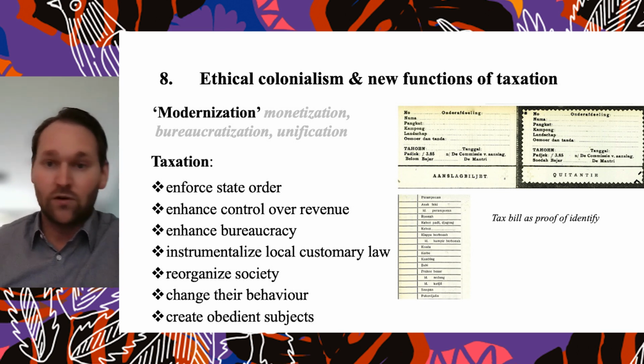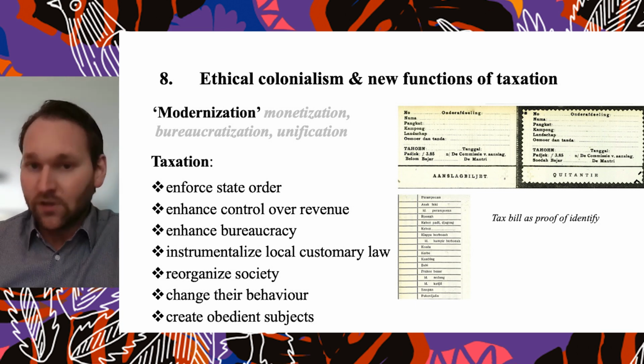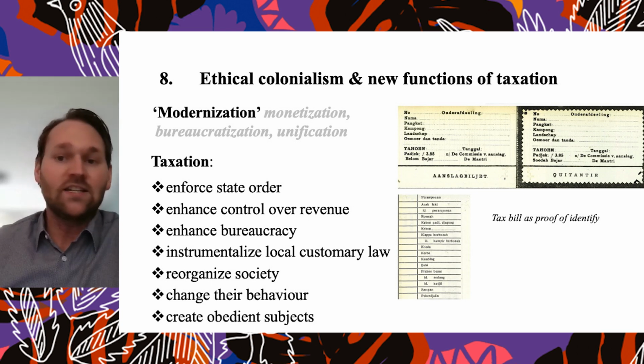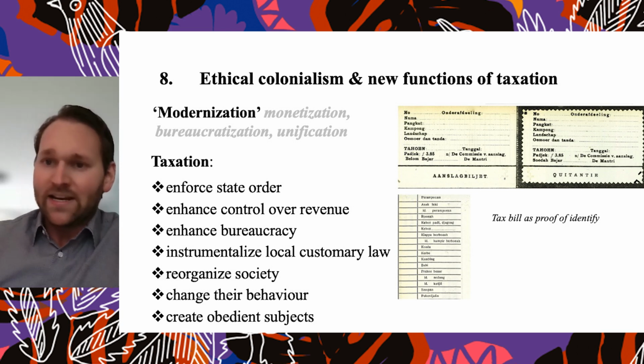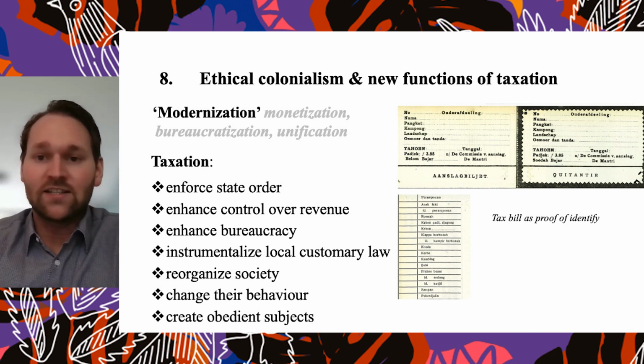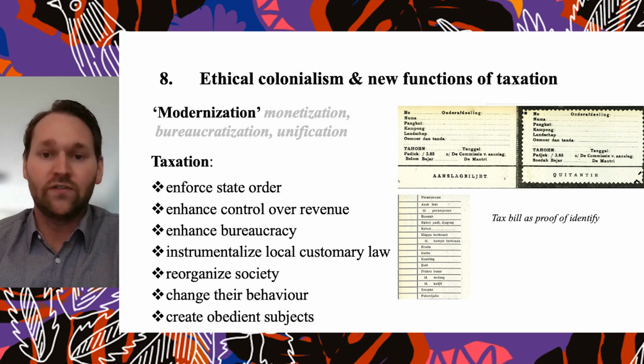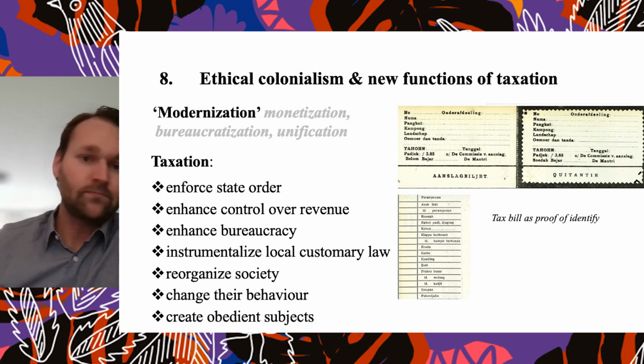Now, beyond Java, officials focused on integrating all inhabitants of the colony into the expanding state and tax system to shift the burden from the Javanese to other subjects and ensure that all contributed equally to the state, but also to assert state presence in these regions. That way, taxation became a tool to integrate people into the state's administrative structures. For instance, tax receipts also served as a proof of identity.